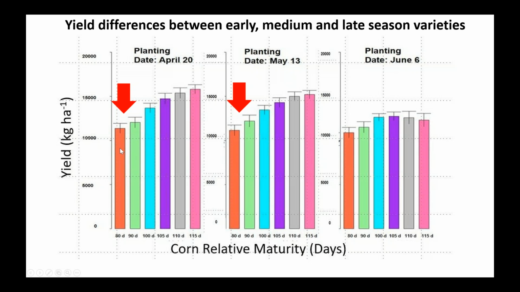So essentially, if you planted an 80-day variety in April or May, you got about the same, but that there were differences between the earlier season, the medium maturity varieties, and the longer maturity varieties, right? So that is basically what we would expect, that if we give the crop more time, more growing season, it produced more. So no differences between the varieties planted at different times, but differences between the varieties.